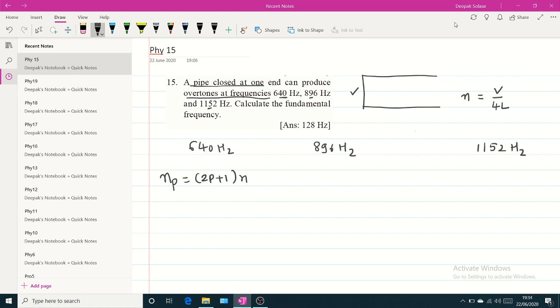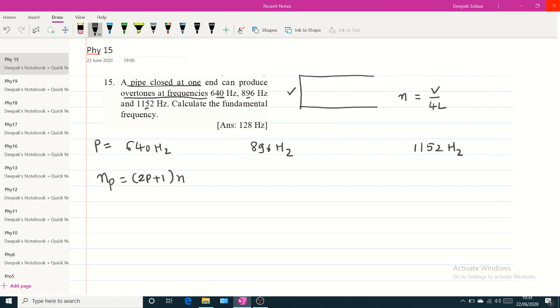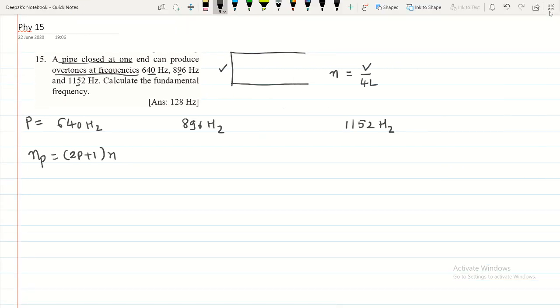So this is the pth overtone, right? The value 640 hertz mentioned here is nothing but the frequency of the pth overtone, denoted by the letter np, which is an odd multiple of n.